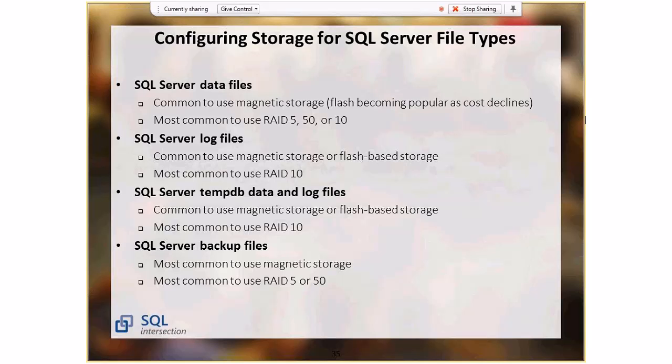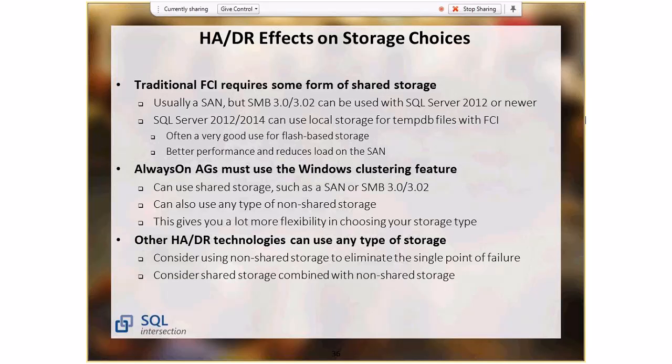So HA and DR, they have an effect on your storage choices. If you have a traditional failover cluster, which is old but still good technology, it requires some form of shared storage. And traditionally, that's been a SAN. But now, you can use SMB file shares if you've got SQL Server 2012 or newer.